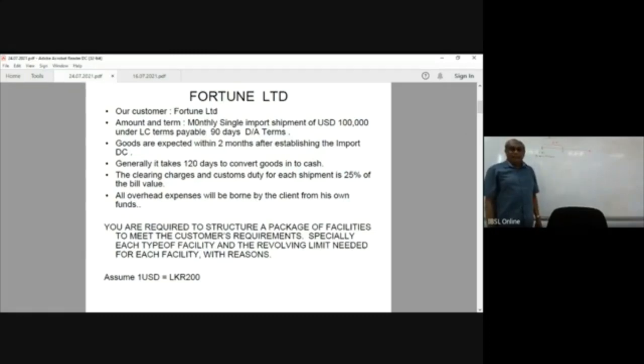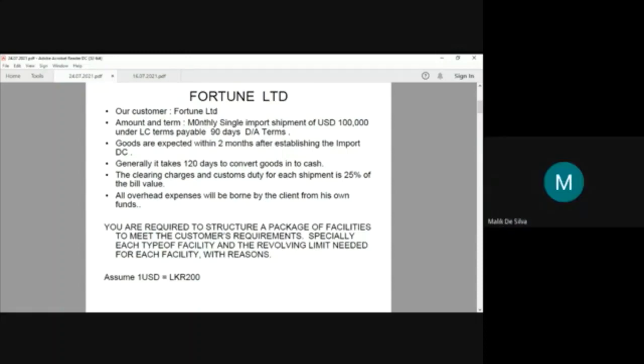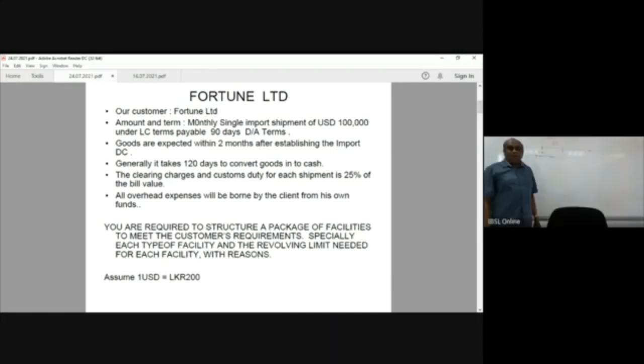LC facility US dollars 100,000. How many times? 2 times. Once you open the LC and once they ship the goods, now the facility is over. Until you settle, you can't do anything. So therefore, we need 2 times.